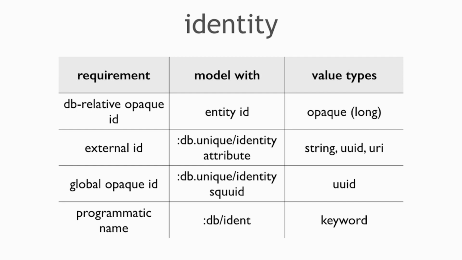Okay, identity. We want to keep track of who's who. And Datomic provides several ways to do that, and it's super important to understand the differences between them. So Datomic has its own notion of identity that's relative only to the database, and you should treat it as opaque.